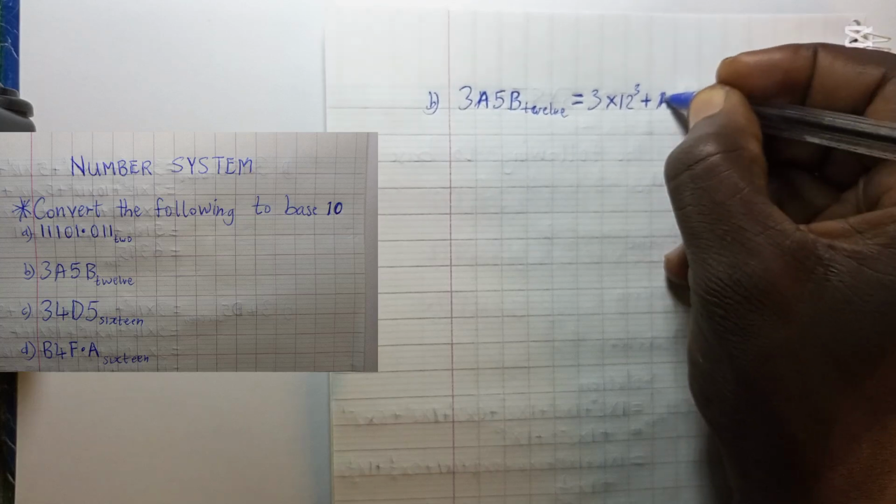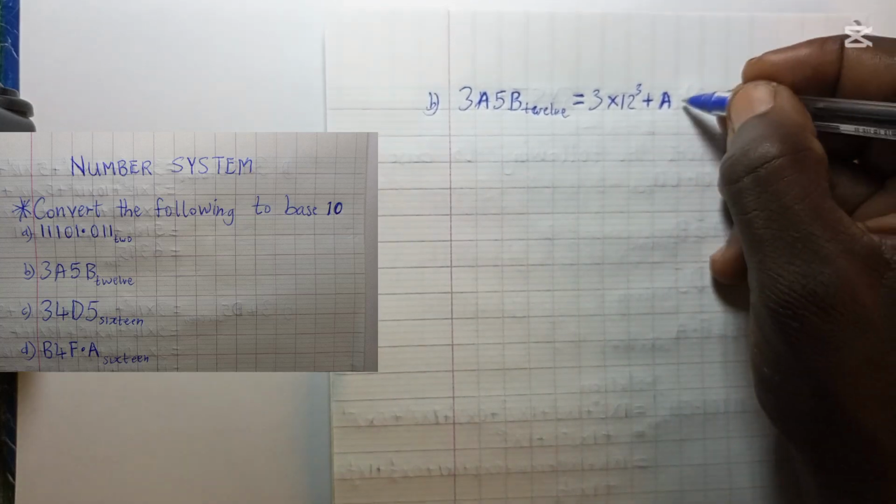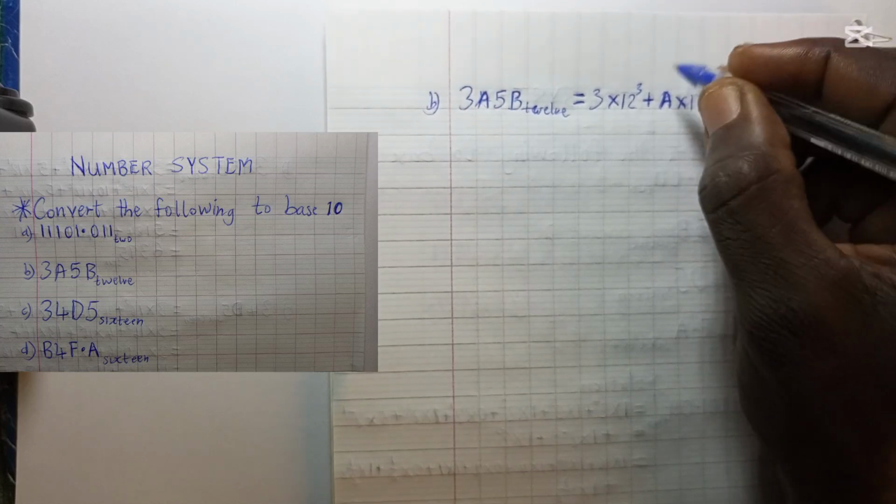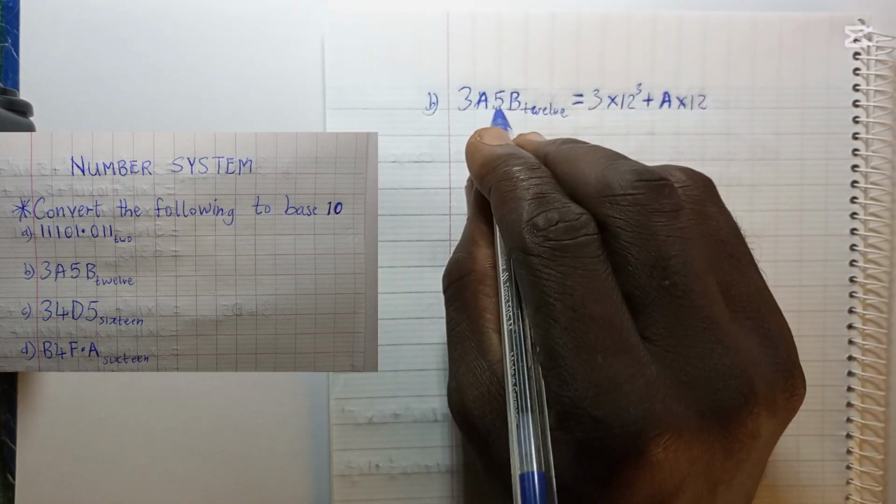10 times 12 raised to power, how many do you have at the back of A?